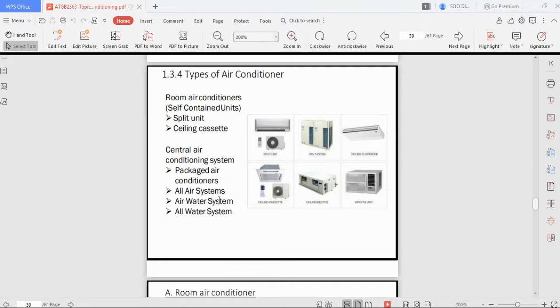It will have higher horsepower because it's used to cool down a very large area. That's why you have a central air conditioning, with a bigger refrigerant cycle system installed. So the first is for a room, and as it goes higher, you'll find that it's for commercial purposes.